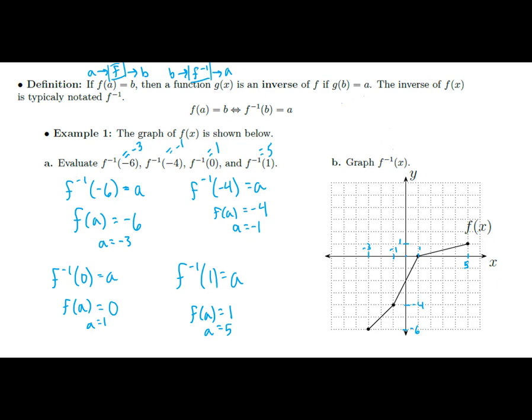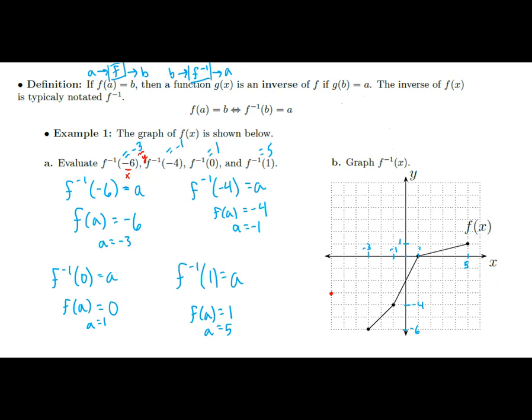So when I'm graphing f inverse, I'm thinking of course, the number that's in here as the x and this as the y. So the first point that I could graph would be -6 in the x, -3 in the y, so that puts me right there.